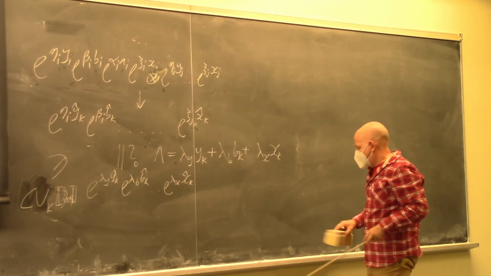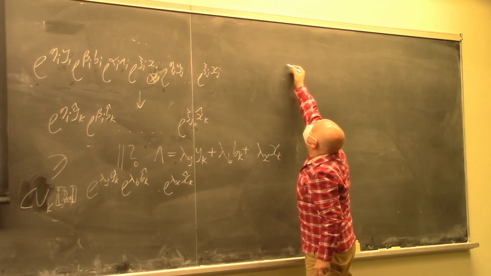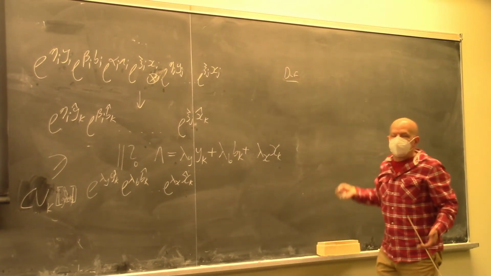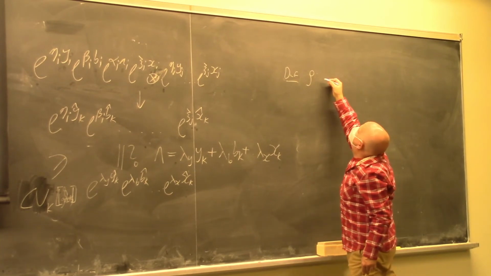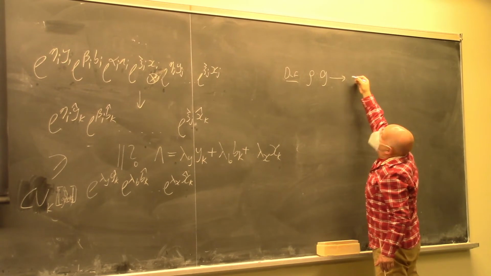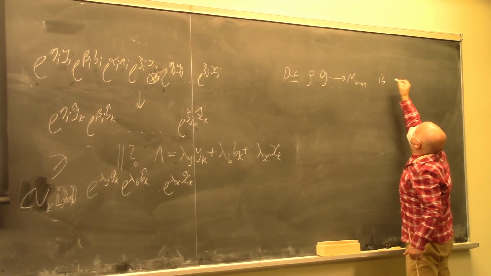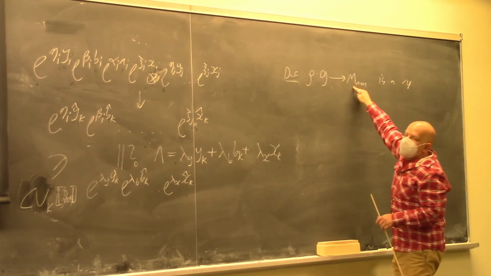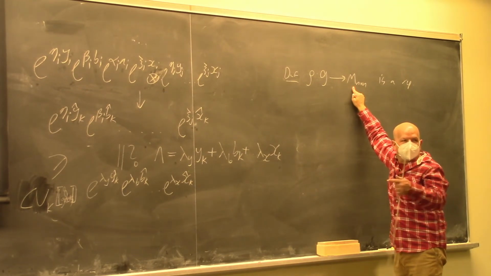Okay? So, definition: what's a representation of a Lie algebra? A map rho from a Lie algebra into matrices is a representation if, well, remember that matrices are themselves a Lie algebra by taking the commutator.